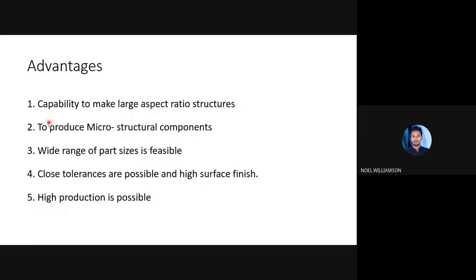And regarding the sizes, a wide range of part sizes are feasible through this process. And regarding the tolerance, close tolerances are possible, and also high surface finish. Also the production rate is high. So these are the main advantages of the LIGA process.